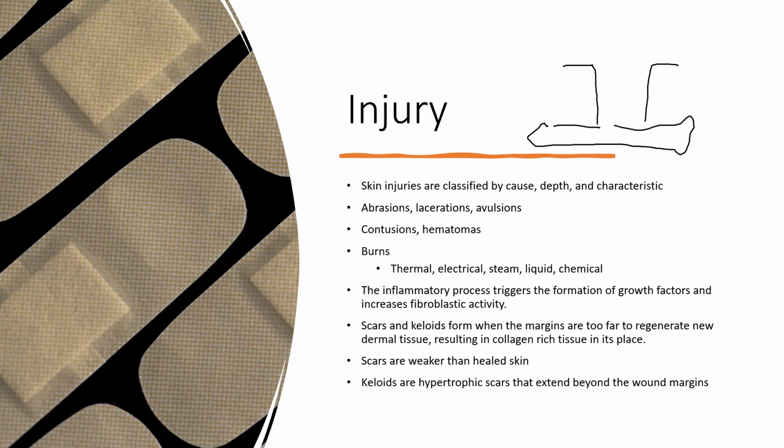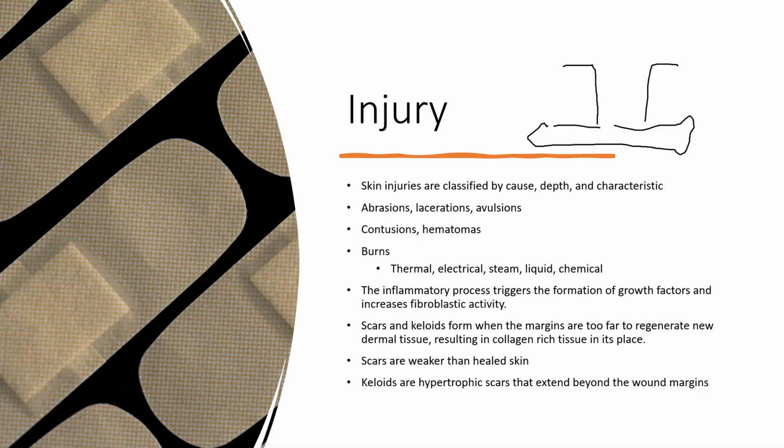Full thickness burns go all the way through the hypodermis. Partial thickness burns go into the epidermis, causing blisters and potentially into the dermal layers, but nothing below that at all. And then superficial is just on the outer surface of the epidermis.